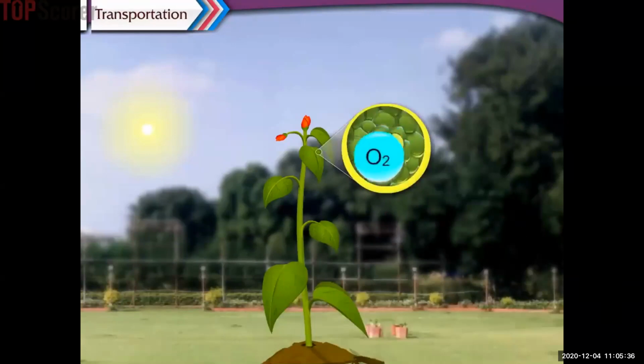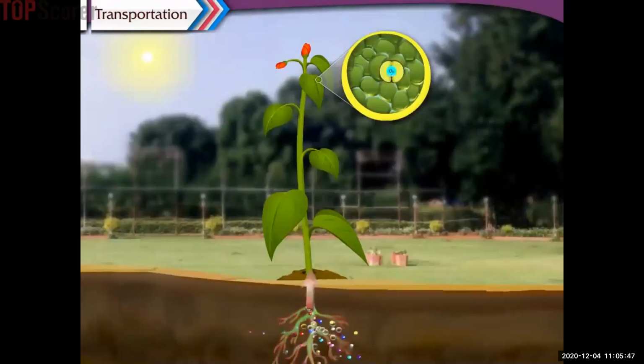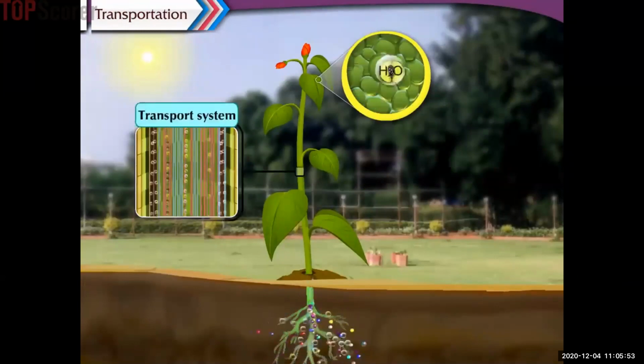Plants absorb carbon dioxide and oxygen from air through gaseous exchange, which occurs through stomata. The other inorganic materials are absorbed from the soil with the help of the root system.